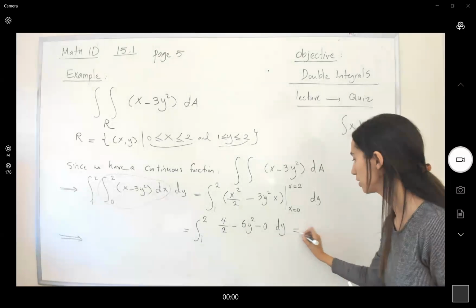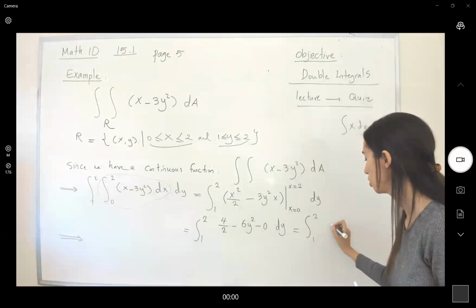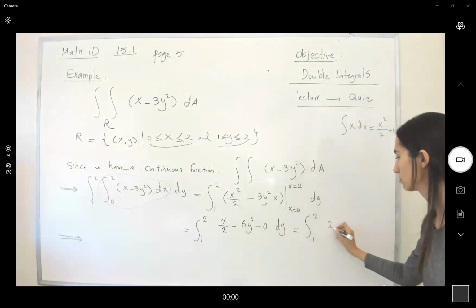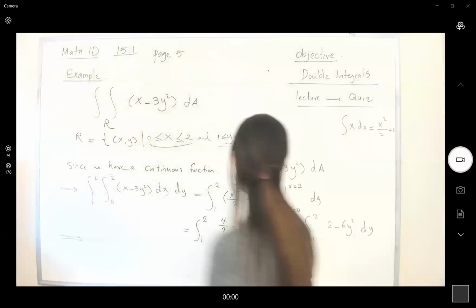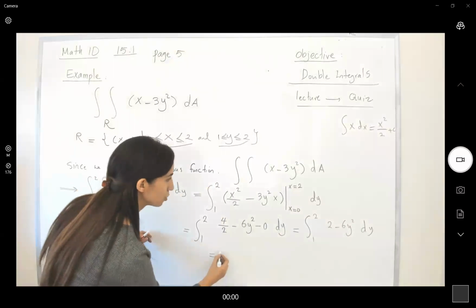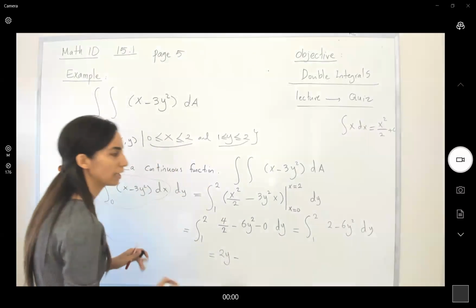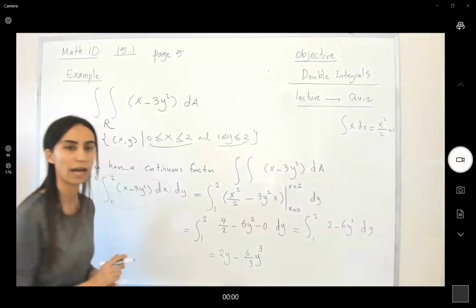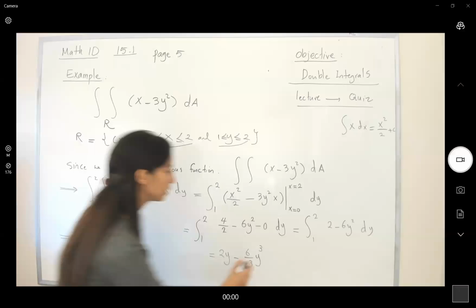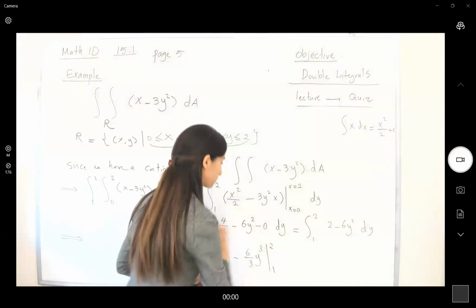If you simplify this, you get the integral from 1 to 2 of 2 minus 6y squared dy. Okay, perfect. So I have 2y minus 6 over 3 y cubed, and my y ranges between 1 and 2.